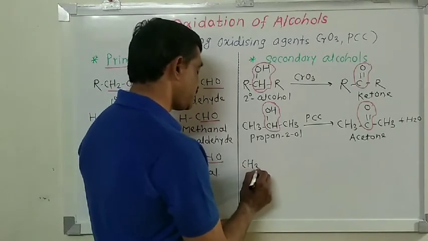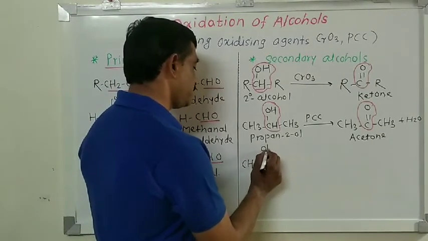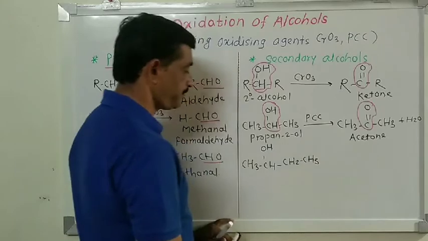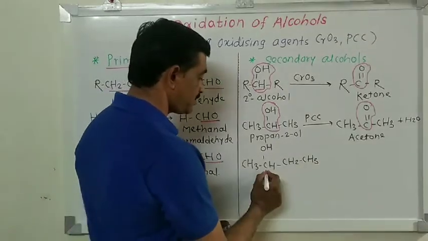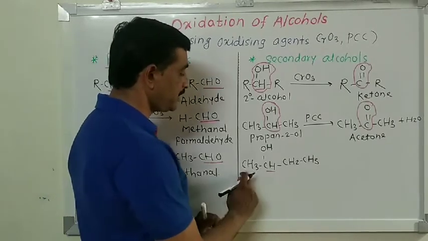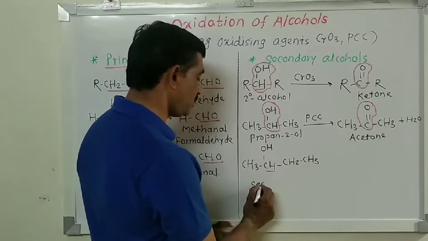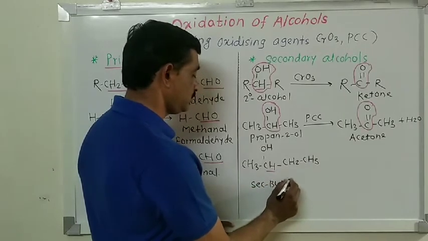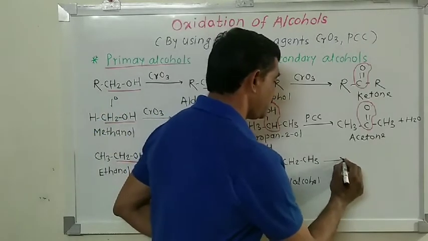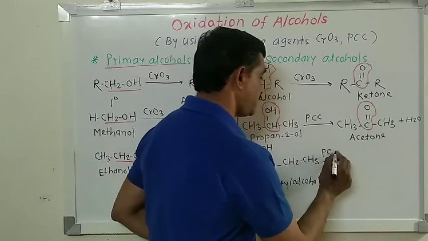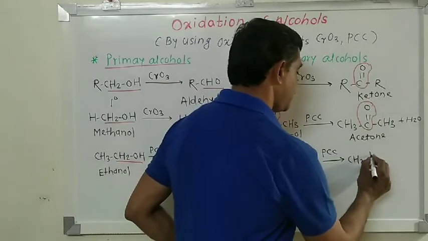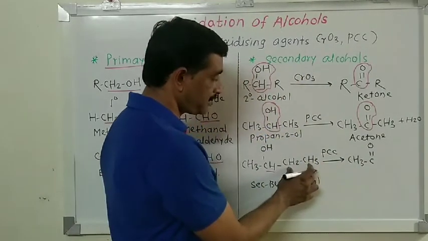Another example we consider here: CH3CHOHCH2CH3. So this is also a secondary alcohol as it contains the CHOH group in the molecule. The name of the compound is, 1, 2, 3, 4, so it is secondary butyl alcohol. When the secondary butyl alcohol is heated with an oxidizing agent like PCC, then we get the product as CH3C=O, and this group we can write C2H5.